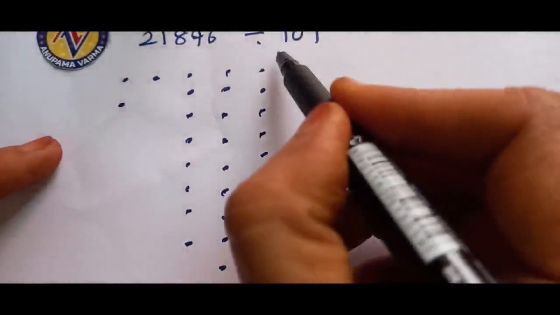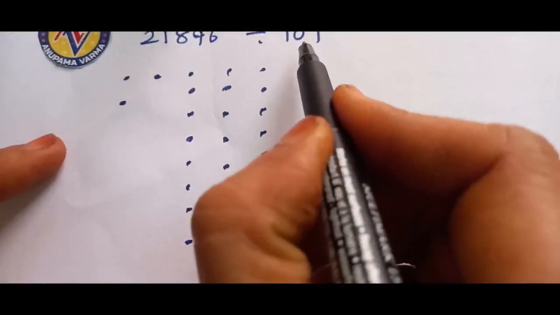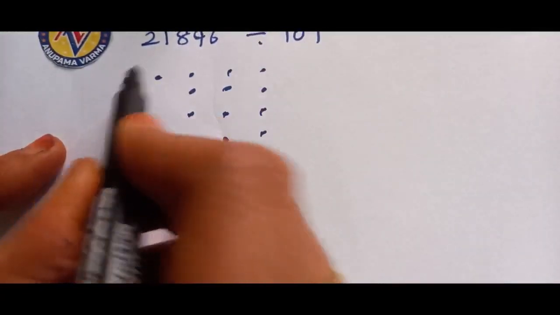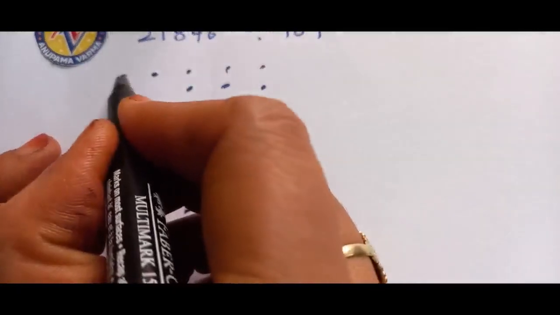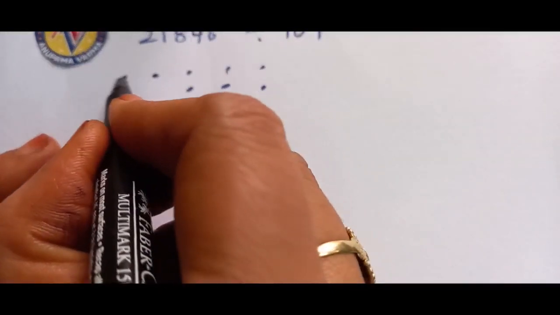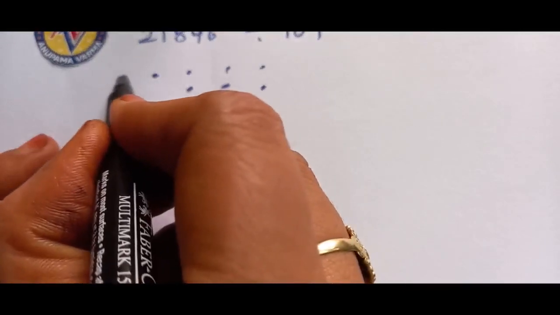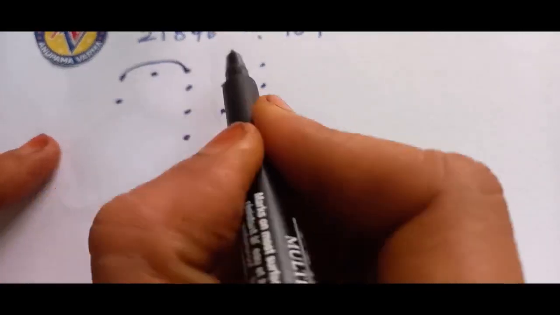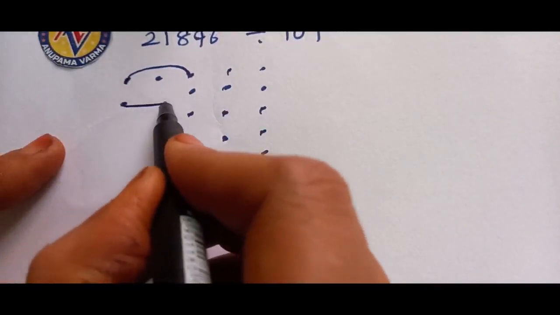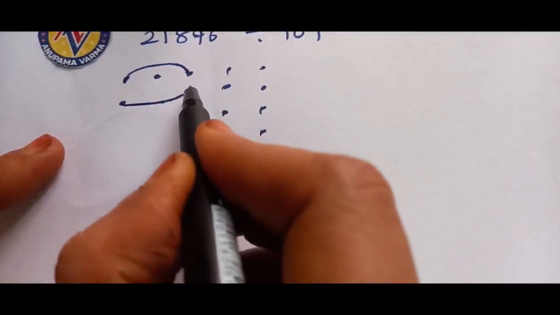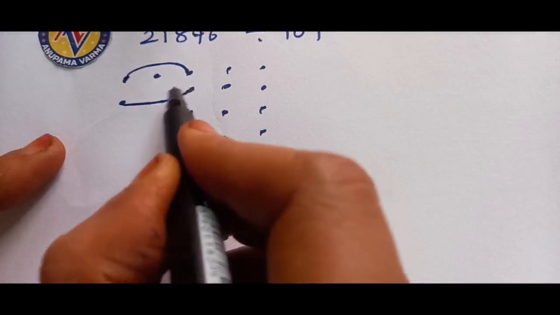See here 1, 0, 1 is there, no? So we need to take 1 in the first column. We should not take anything in the second column because here 0 is there, so you need to skip this one. You skip, and 1 in the third column. Again 1, and we need to connect in the third column.